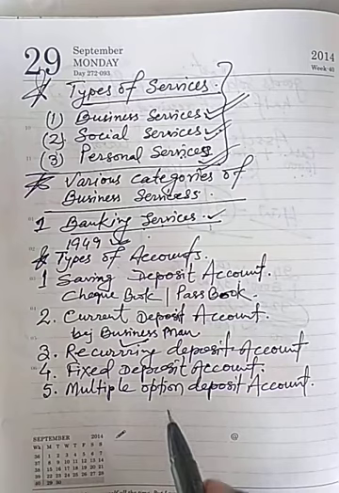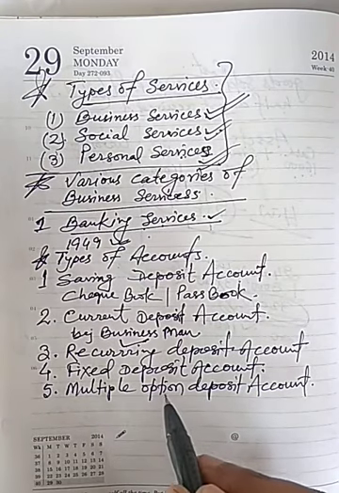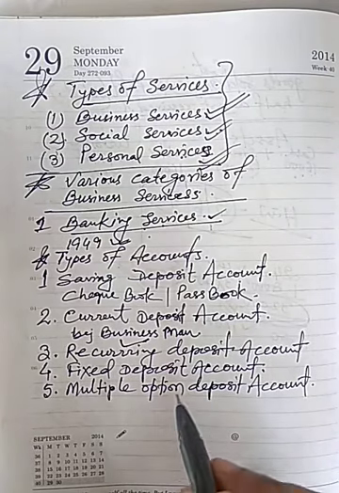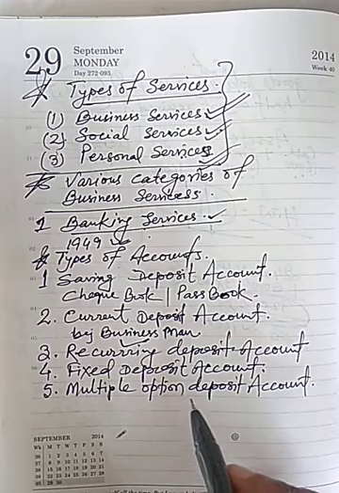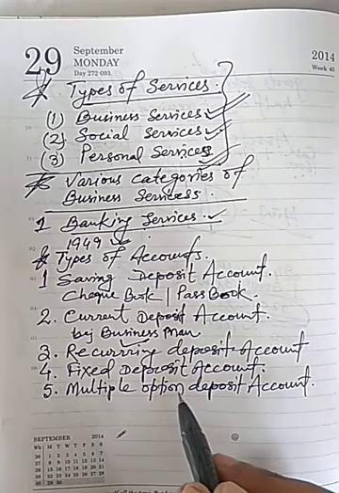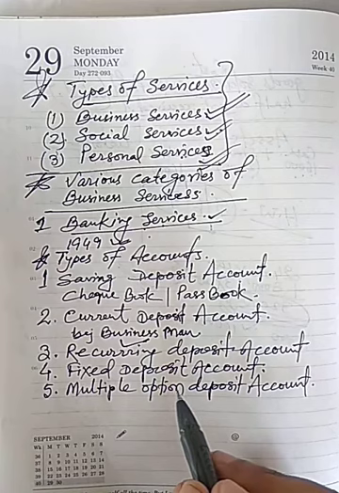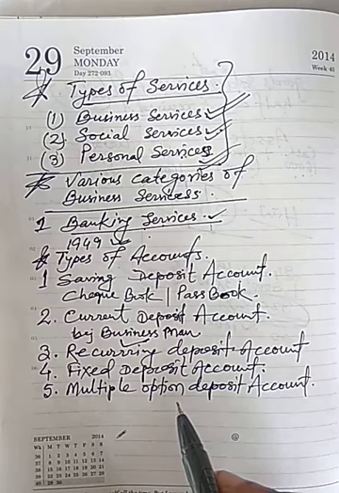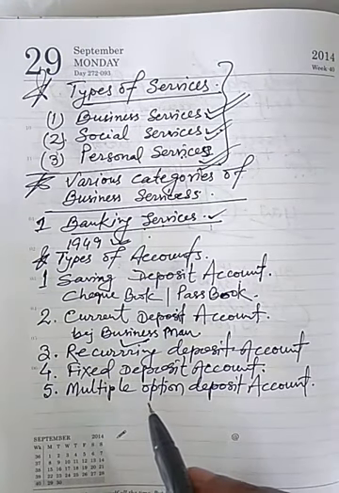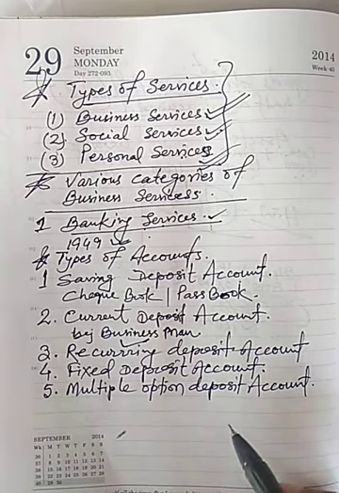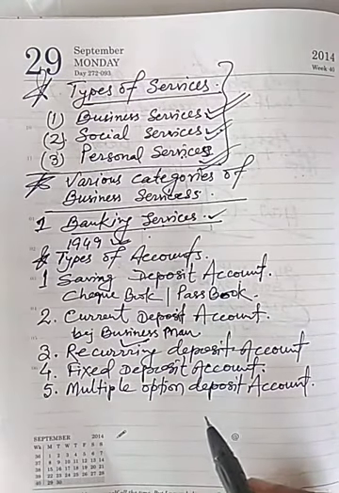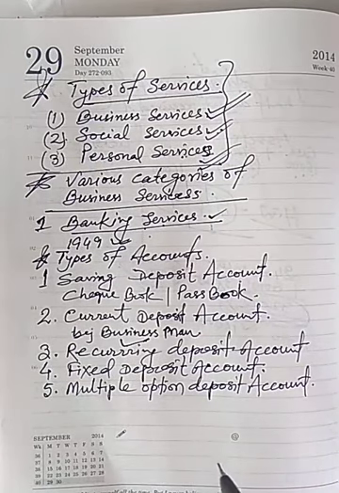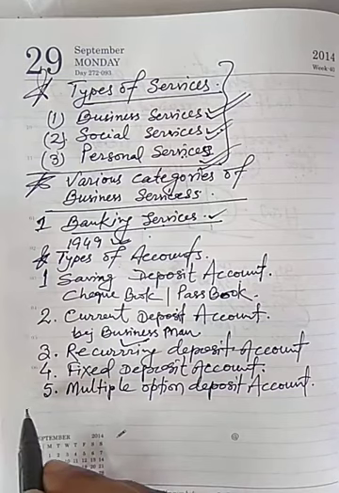This account can be combined with a saving account or current account. In this account, the depositor can enjoy the liquidity of saving and current account and the rate of interest of fixed deposit. When the amount of deposit exceeds a particular limit, then automatically the amount gets transferred into fixed deposit.